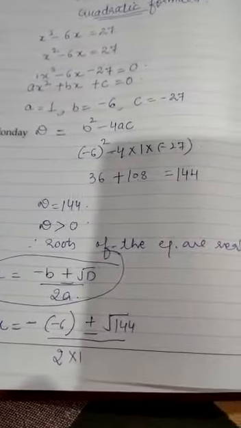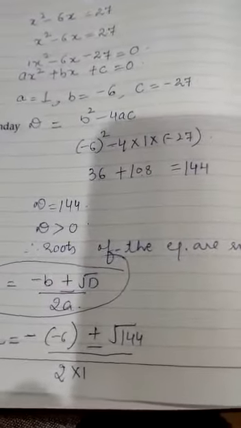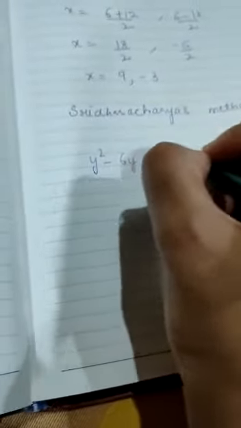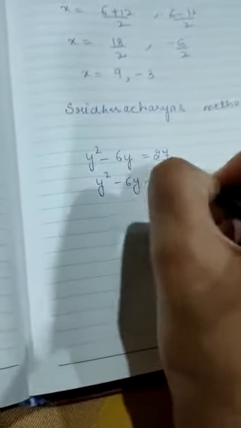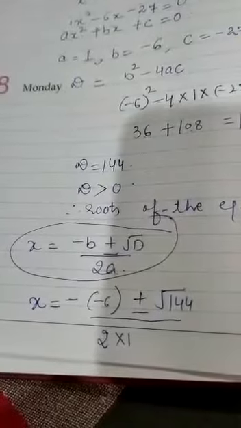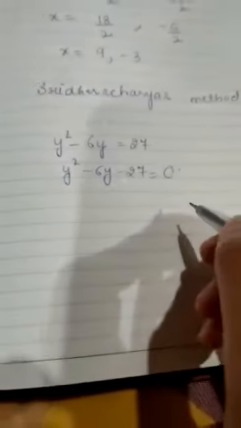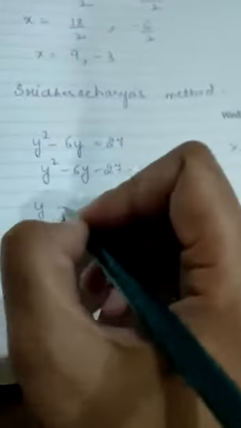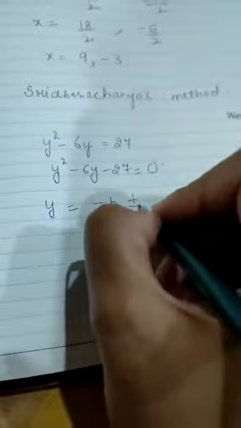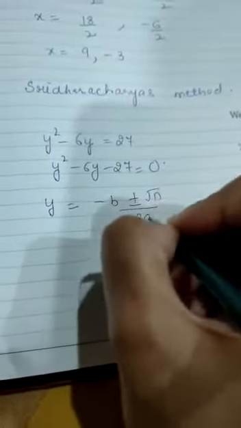Suppose you have been given a quadratic equation like y square minus 6y is equals to 27. So y square minus 6y minus 27 equals to 0. Here we have written x is equals to minus b plus minus under root d by 2a, but here the equation is in variable y, so we will write y is equals to minus b plus minus under root d by 2a.